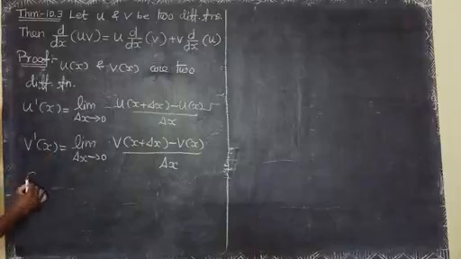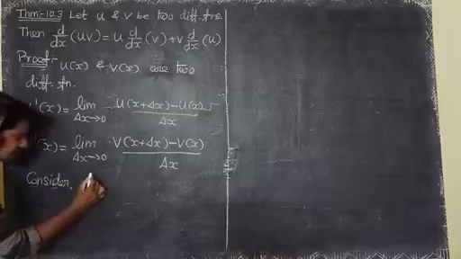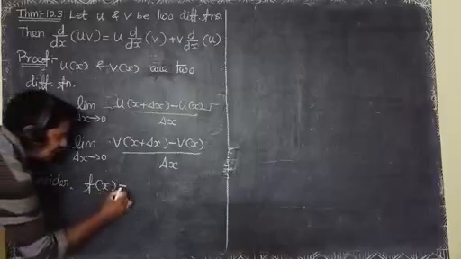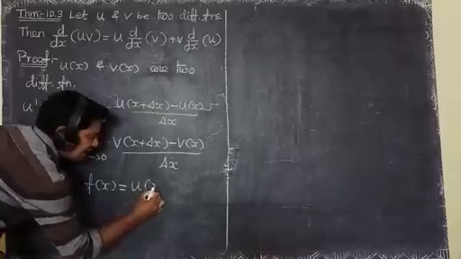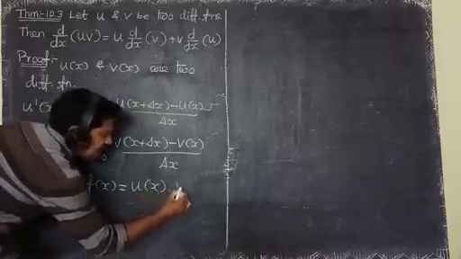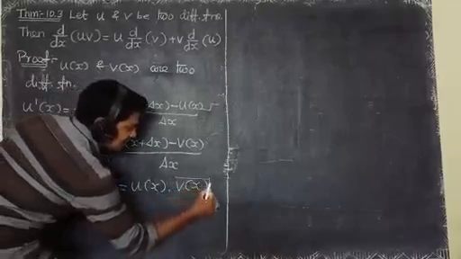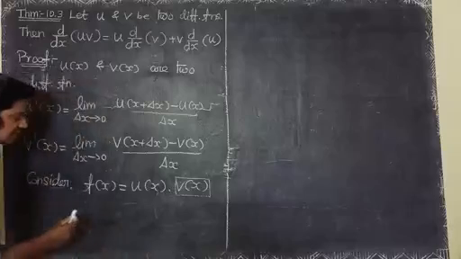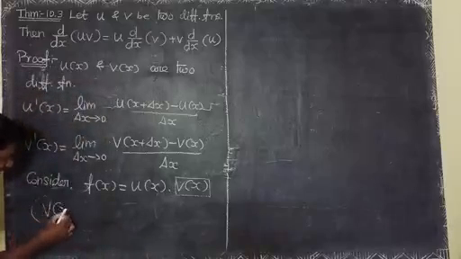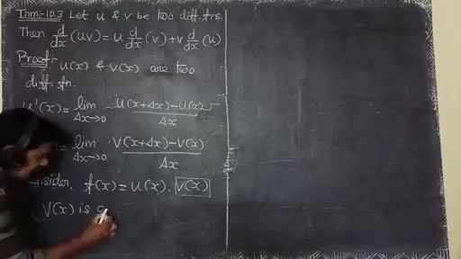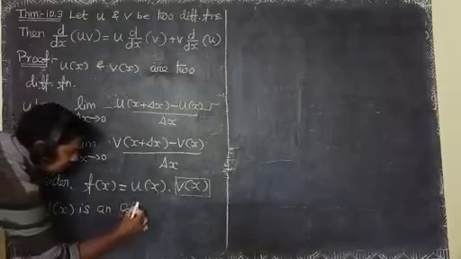Consider the function f of x, which is equal to u of x into v of x. Here v of x is a continuous function.